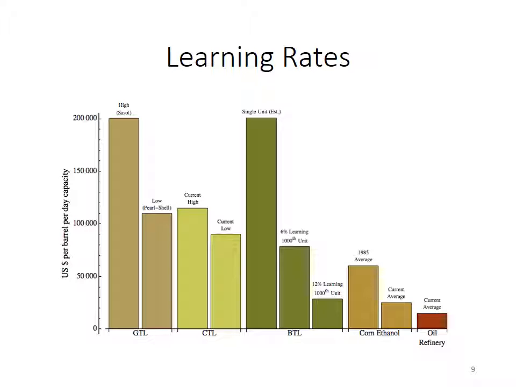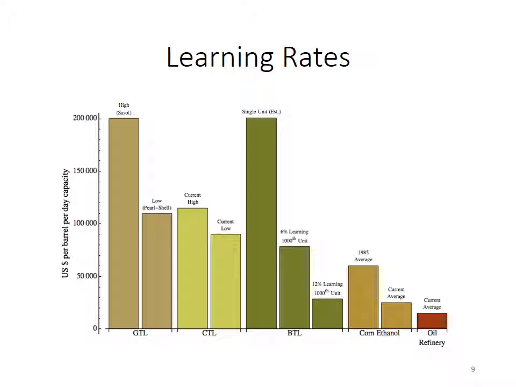In the case of biomass to liquids, if we were to assume that a similar amount of learning would occur to the industry, after building 1,000 facilities, which is not impossible considering that many of these biomass to liquids facilities could be smaller sized than the large facilities, you can see that the projections just from learning rates would reduce the cost of these facilities from over $200,000 a barrel per day to close to $30,000 a barrel per day.